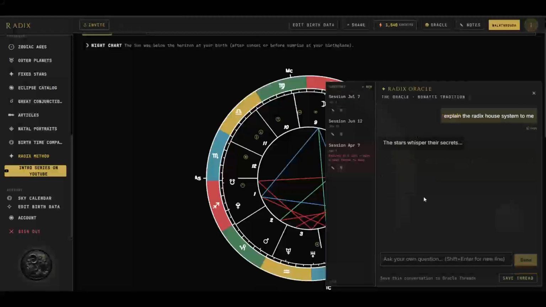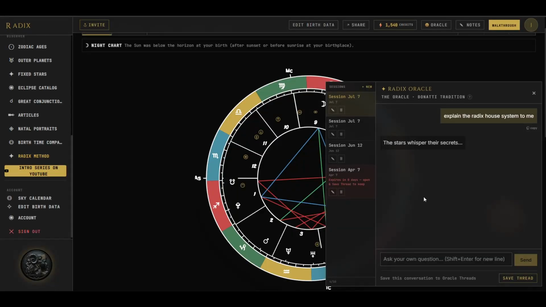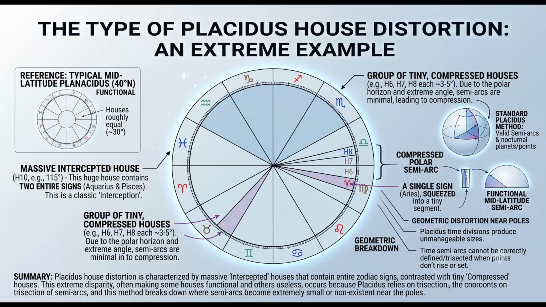Not because it was validated through centuries of predictive work, but because it was the default in a popular reference book. Placidus has a significant problem at higher latitudes. Above roughly 60 degrees latitude, it produces houses that are wildly distorted, some houses enormous, adjacent houses nearly disappearing. This is a known technical limitation. Alcabitius doesn't have this problem.